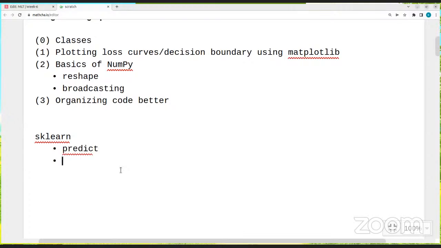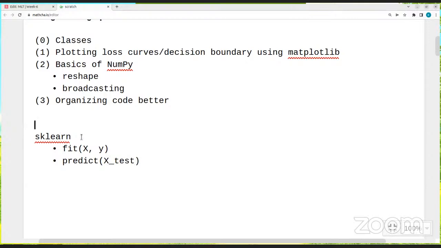They all do a fit and a predict. These are two methods which are common to all sklearn models. You fit on some data and then you predict on some X test, right?